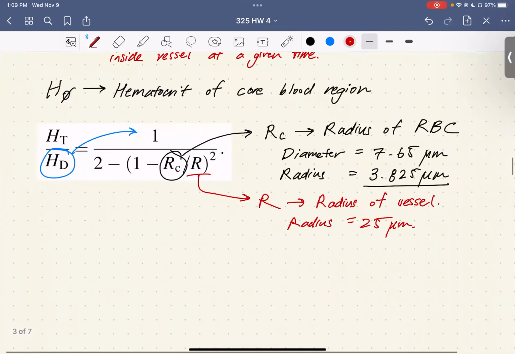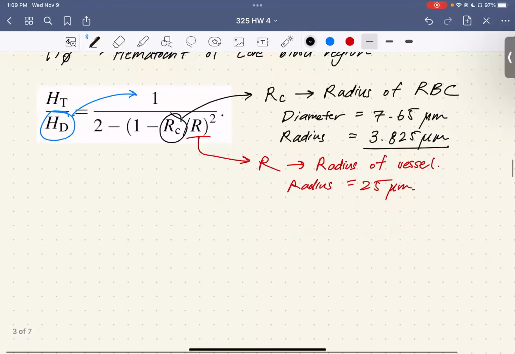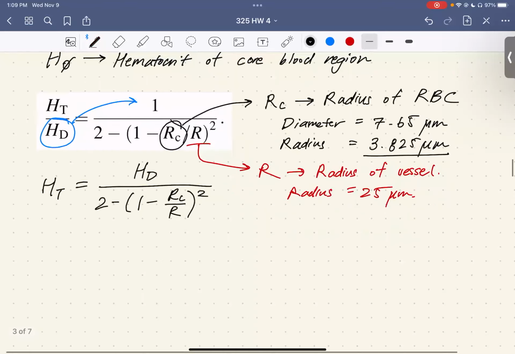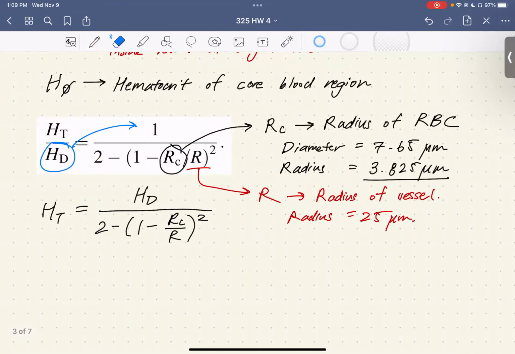Great, so now we can solve for tube hematocrit. And then I'm just rewriting this over here. Great, and keep in mind, we know the discharge hematocrit.